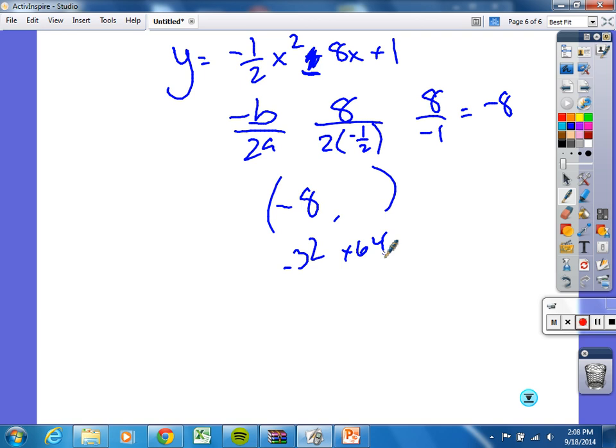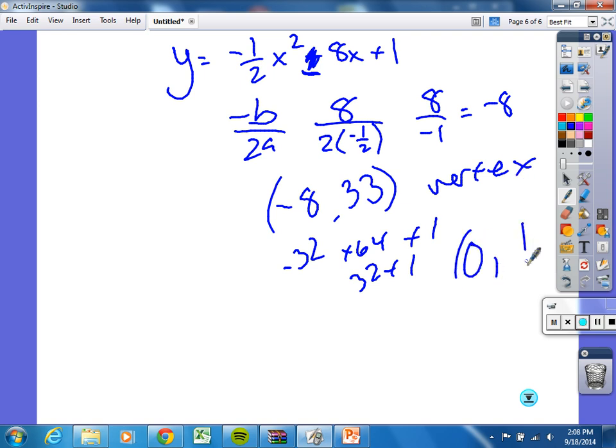I'm here so far plus the 1. That becomes 32 plus 1, which is 33. Does everybody see where I have that? That's my vertex. Can somebody already tell me what my y-intercept is without doing any math? You can already see it. My y-intercept is 1, because that is my c value.